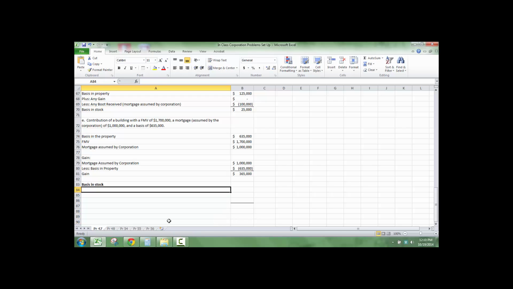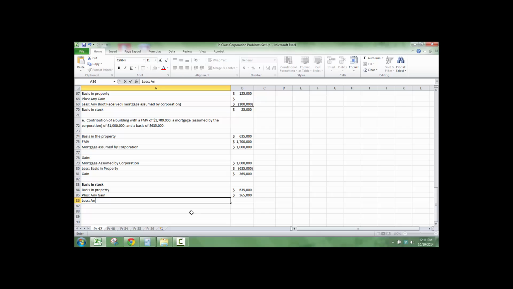So now in order to calculate the basis in the stock, we take the basis in the property plus any gain less any boot received, which is the mortgage assumed by the corporation.